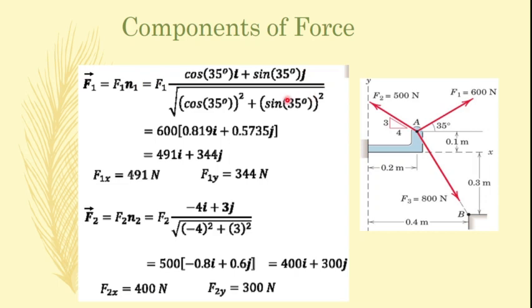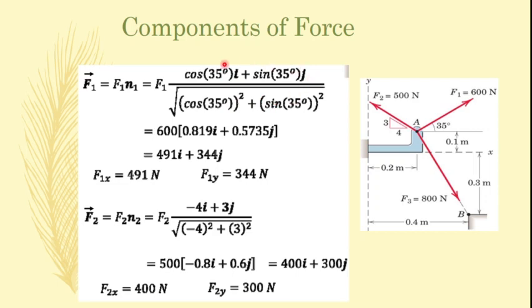To define the unit vector we actually divide the position vector by the magnitude, as already discussed.